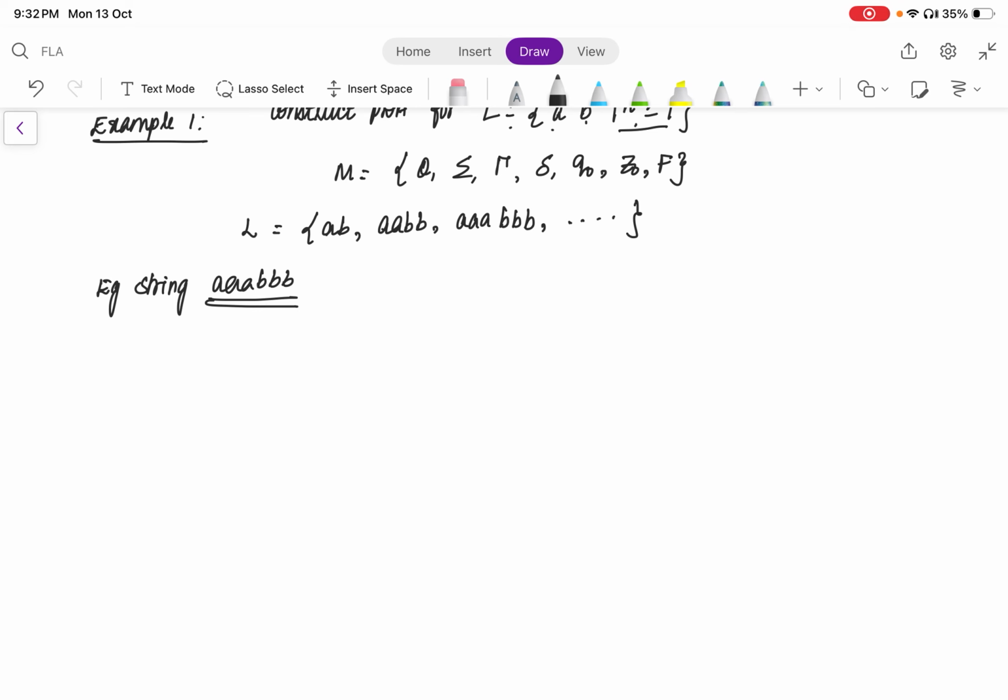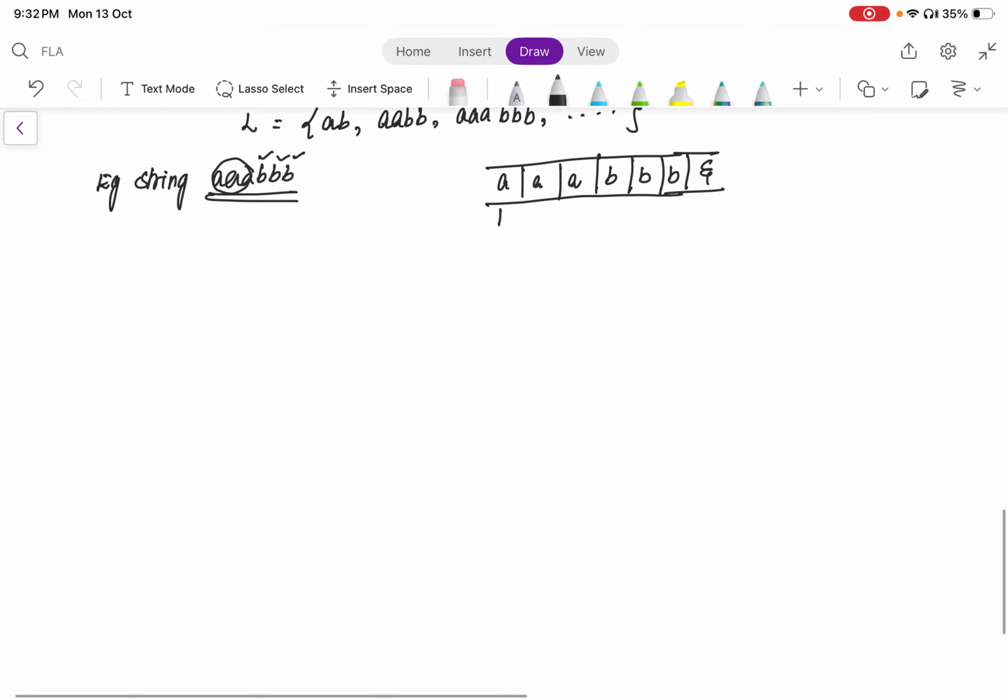The logic would be to push all the a's into the stack, and for every b you pop one a. That way you will reach the end of the stack, right? So let me draw the input tape: a, a, a, b, b, b, and epsilon for indicating the end of the string. So your first input is a.